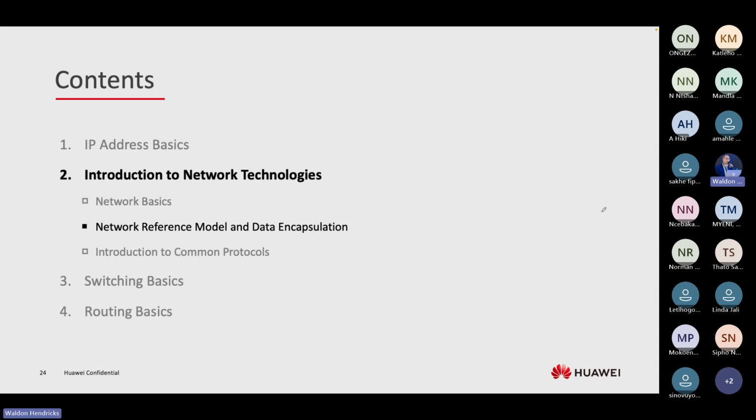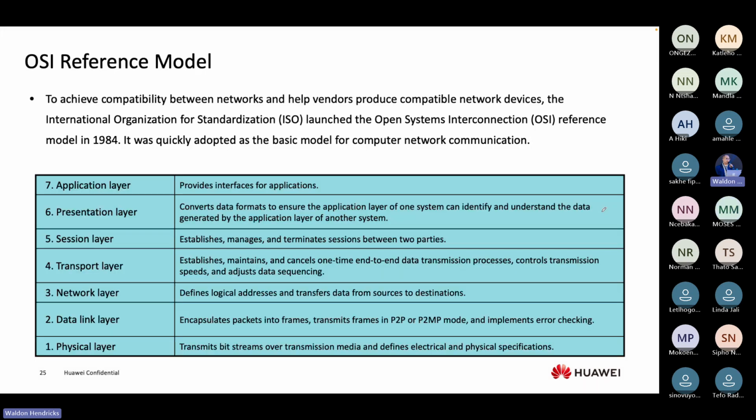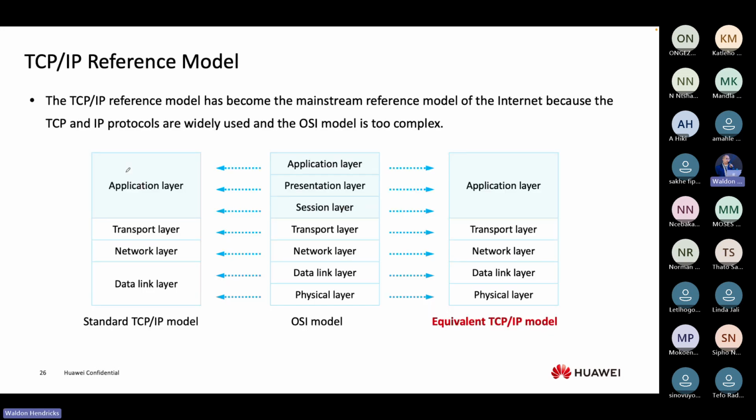Then you have the network reference model, and I spoke about this earlier. I said the OSI model, and I mentioned the application layer. So it's important that you understand how this model works, starting from layer one, which is the physical layer, up to the application layer, because each layer does a certain function in the OSI layer stack. Then you have the TCP reference model.